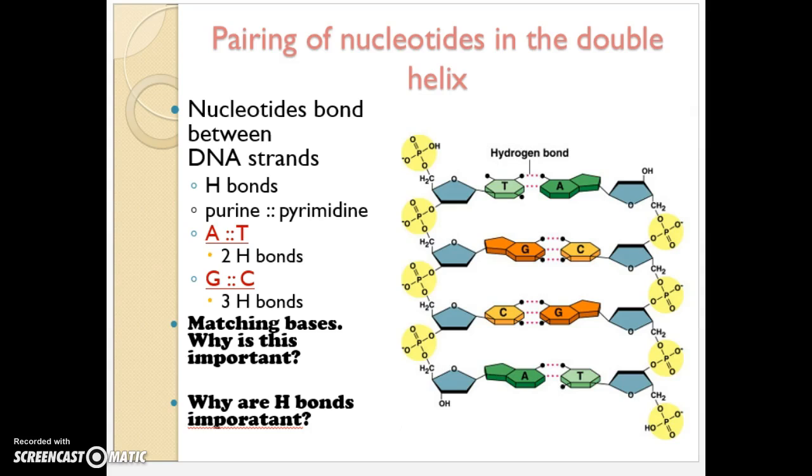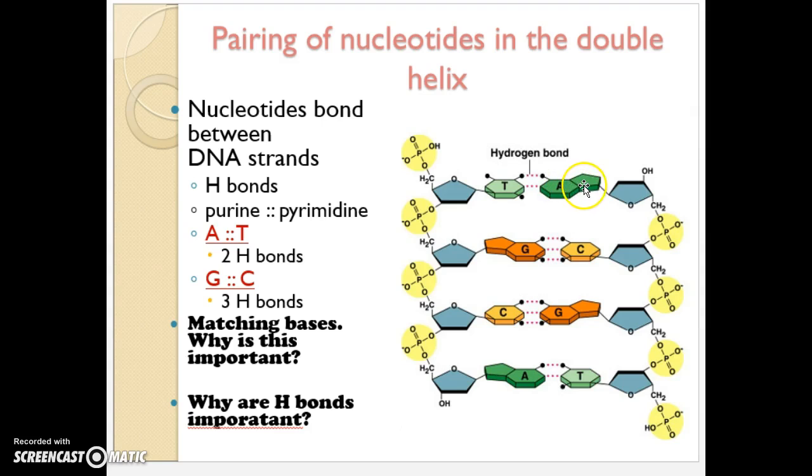And so again, these are different classifications of the types of bases, and actually the bases define the nucleotide as either a purine or a pyrimidine. They are really important because as you look at the graphic here showing the hydrogen bonds between a purine and a pyrimidine, you'll see how having them match up in this way allows us to keep an even distance between our two strands of DNA.